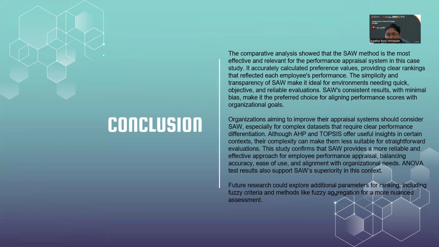The simplicity and the transparency of SAW make it ideal for institutions needing a quick, objective, and reliable evaluation. So its consistent result with minimal bias make it the preferred choice for aligning performance score with organizational goals.